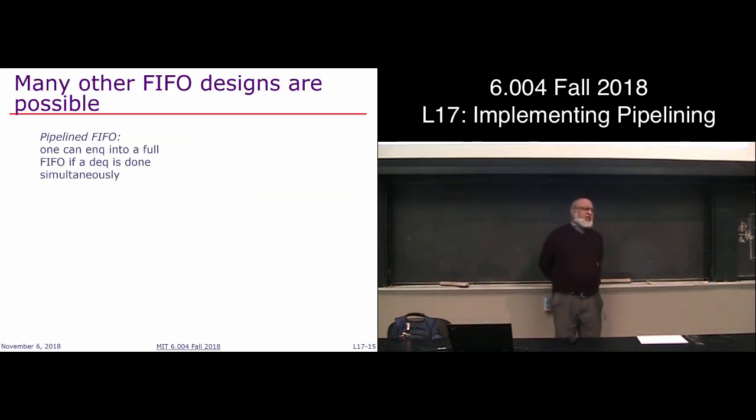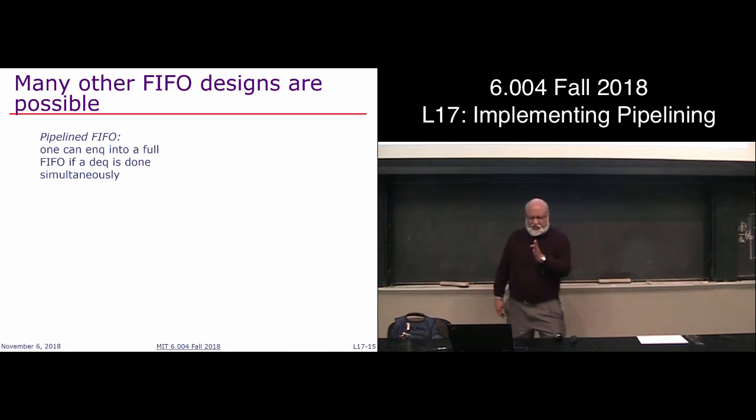There are many other FIFO designs possible. How about this? Suppose I have a one element FIFO, and it's full, which normally means I can't enqueue into it. But suppose simultaneously somebody was dequeuing from it. It should be possible, right?